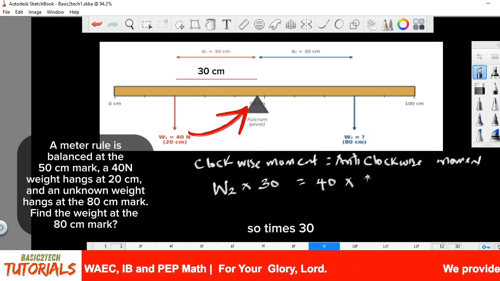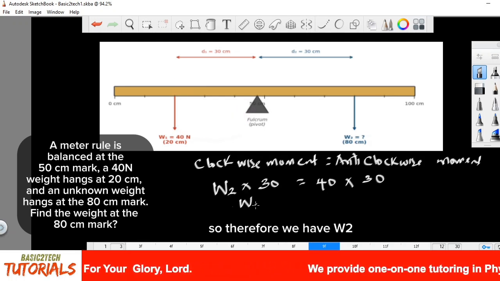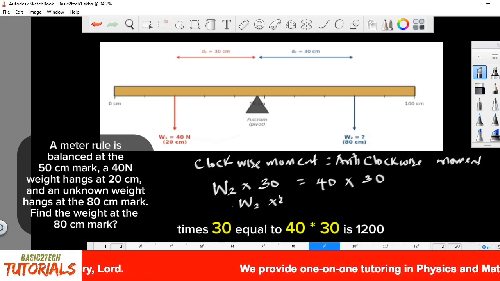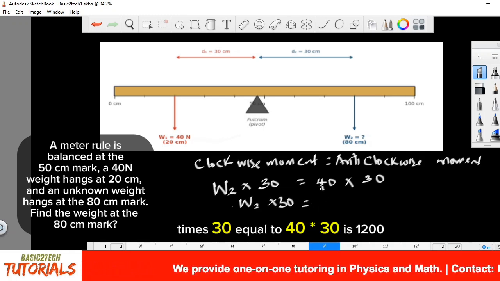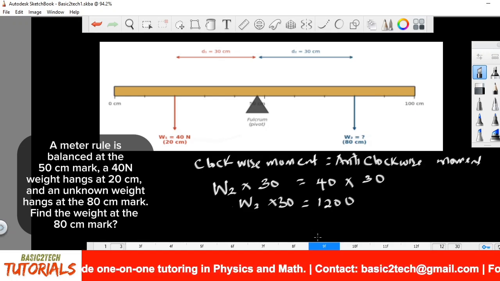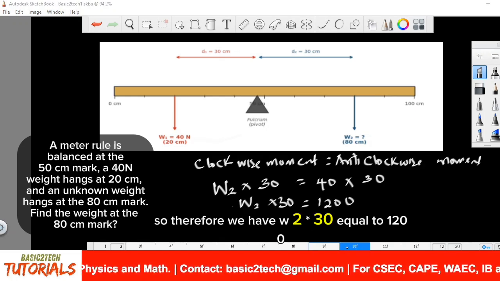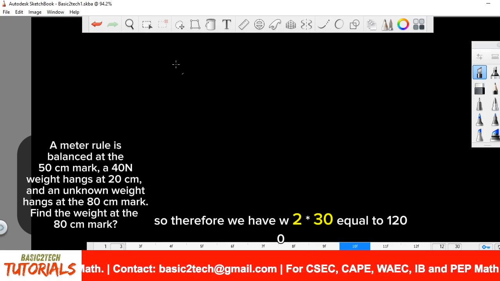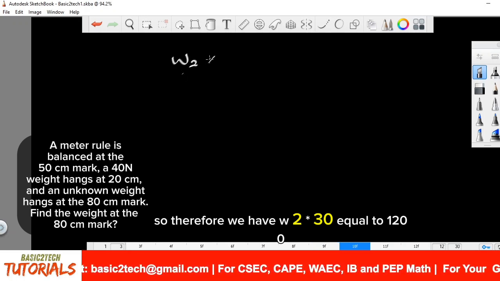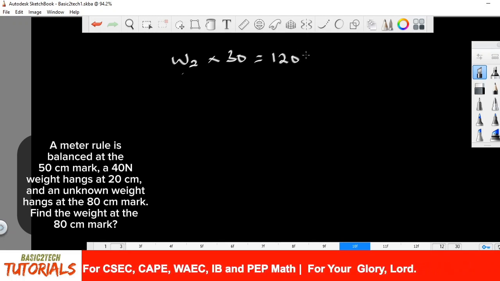So we have W2 times 30 equal to 40 times 30, which is 1200.